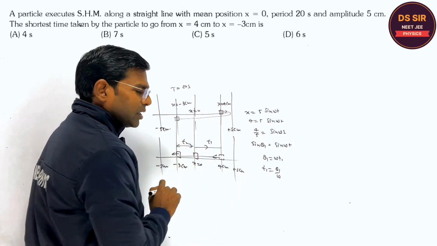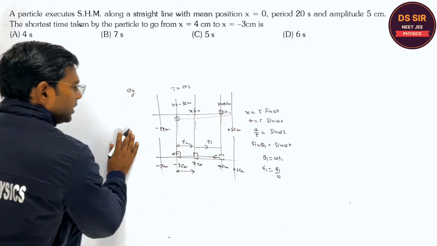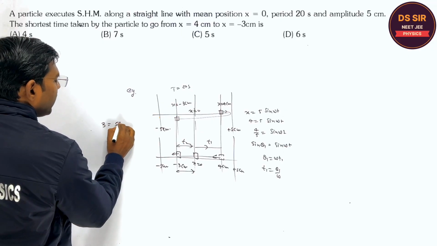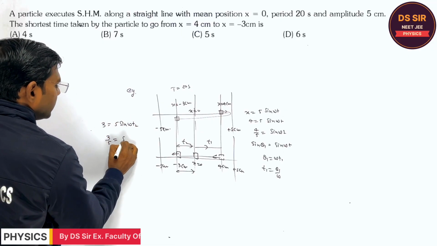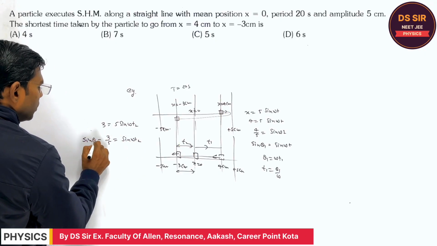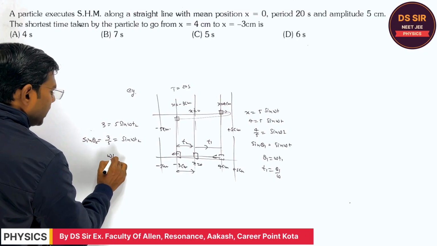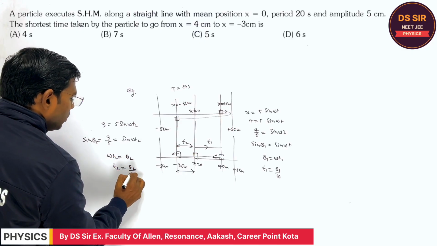Theta 1 I can put later. And what about this? 3 is equal to 5 sine omega t2, so this is sine theta 2, right? So omega t2 is equal to theta 2, so t2 is equal to theta 2 upon omega.